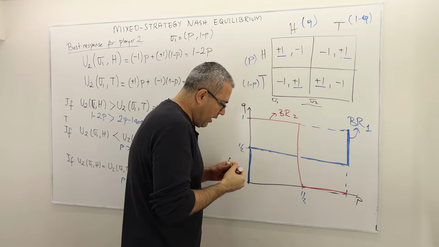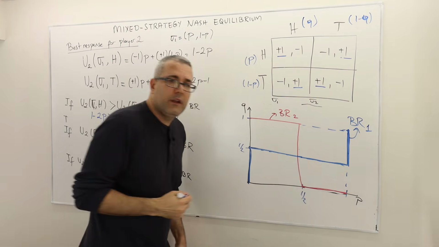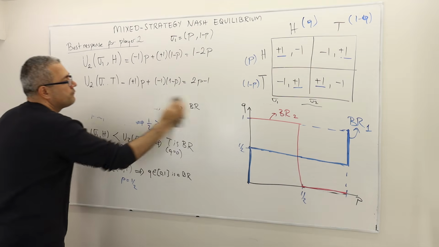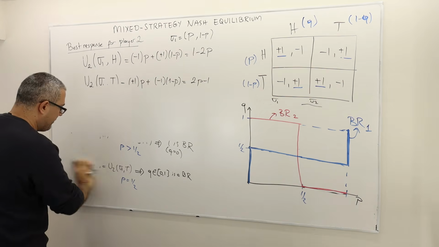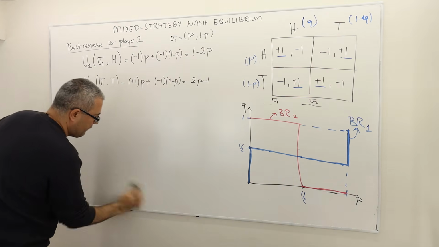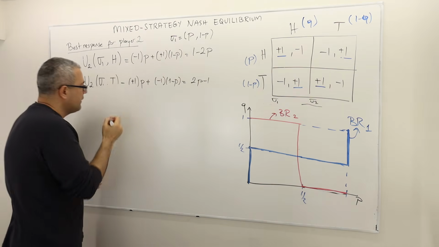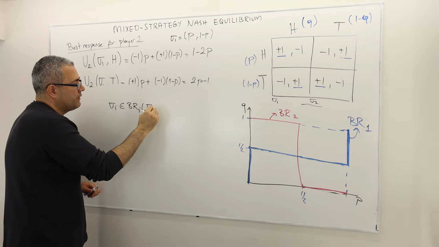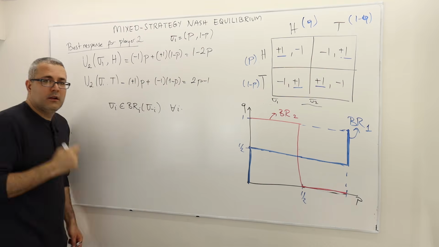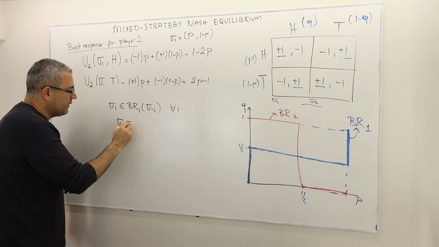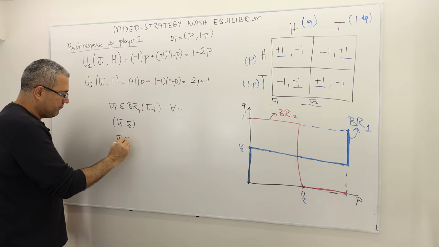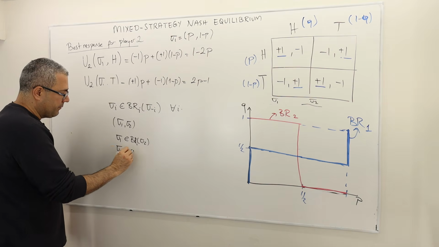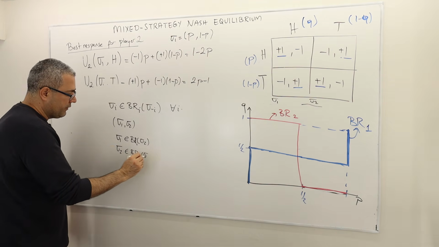Why? Well, because remember, according to the definition of Nash equilibrium, so let me clear some space here. This is not exactly the definition I gave you, but they're identical. Sigma i has to be a best response for player i to sigma minus i, for all i, right? That means sigma 1, sigma 2 is a Nash equilibrium if and only if sigma 1 is a best response to sigma 2, and sigma 2 is a best response for player 2 to sigma 1.